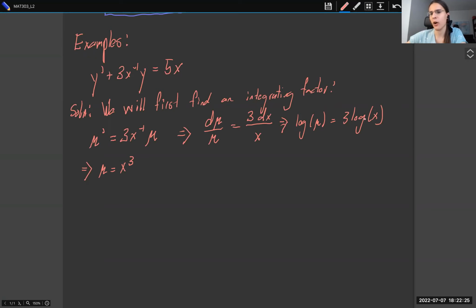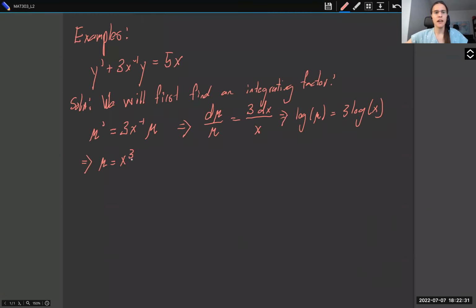And then e to the log x is x. So it's x cubed. So then we found our integrating factor, right? So we multiply the equation by x cubed to obtain.